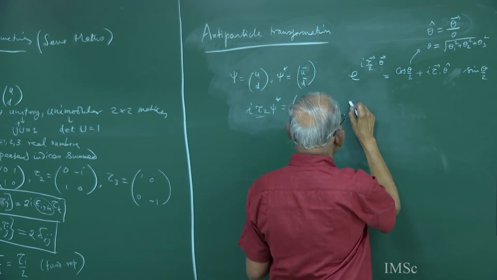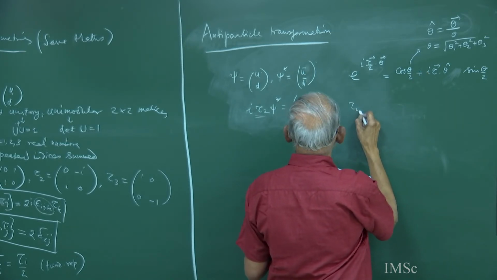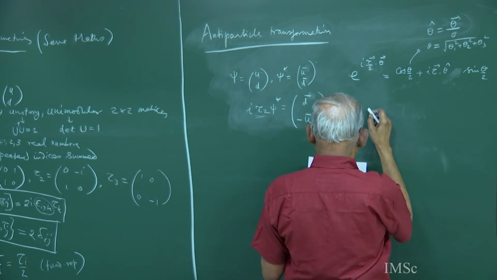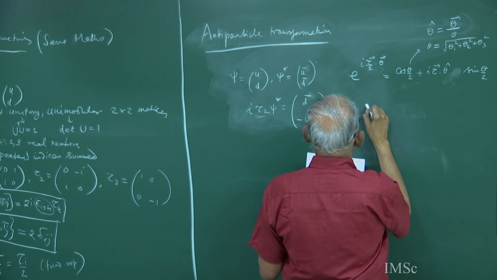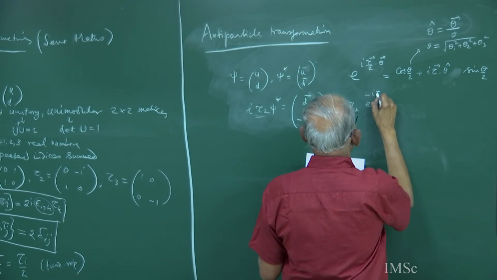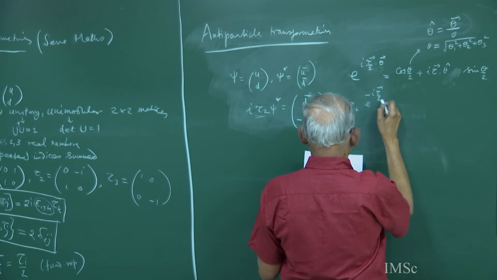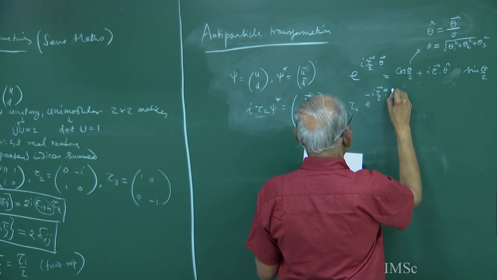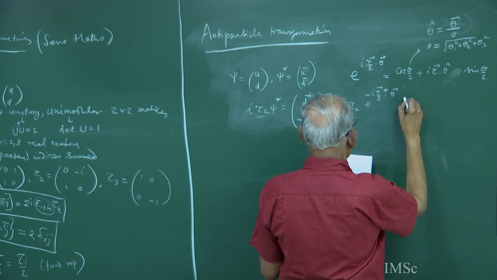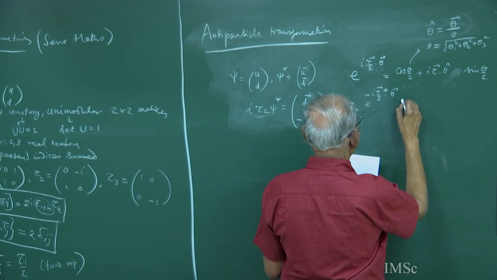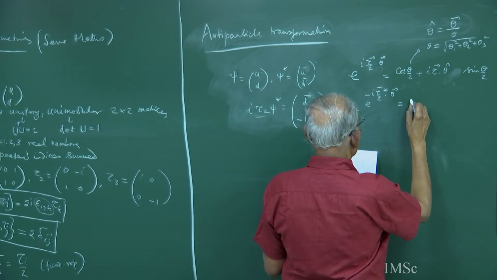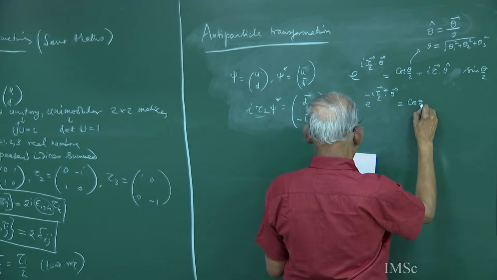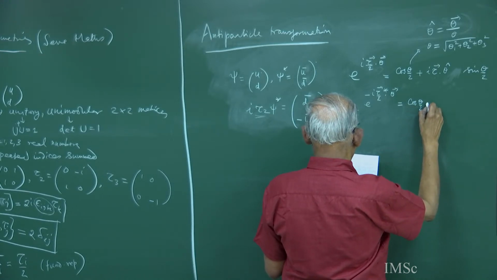So prove that tau 2, I want to multiply the wave function by tau 2. So tau 2 exponential of minus i, star means complex conjugate, is equal to cos theta by 2 minus.